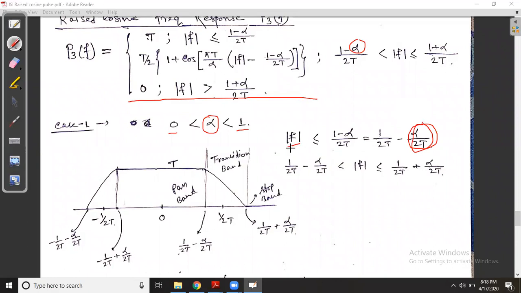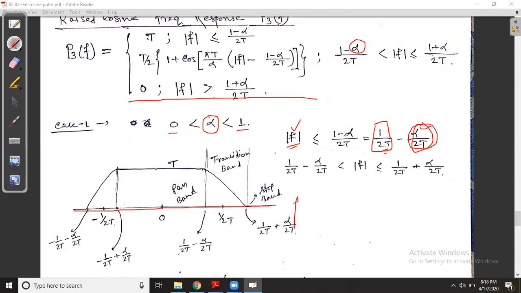This frequency value will be less than this term for any value of alpha between 0 and 1. So that is what I am considering here.